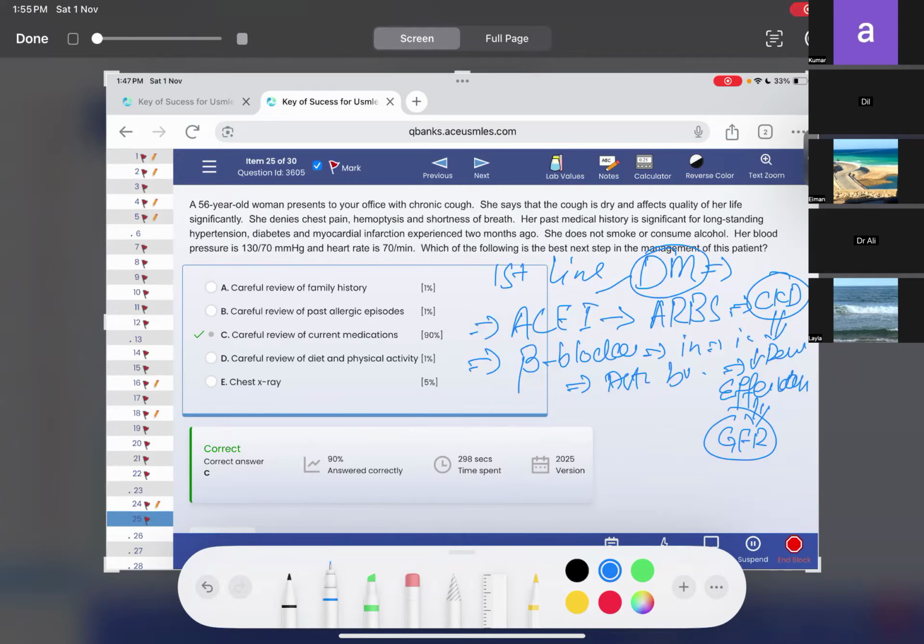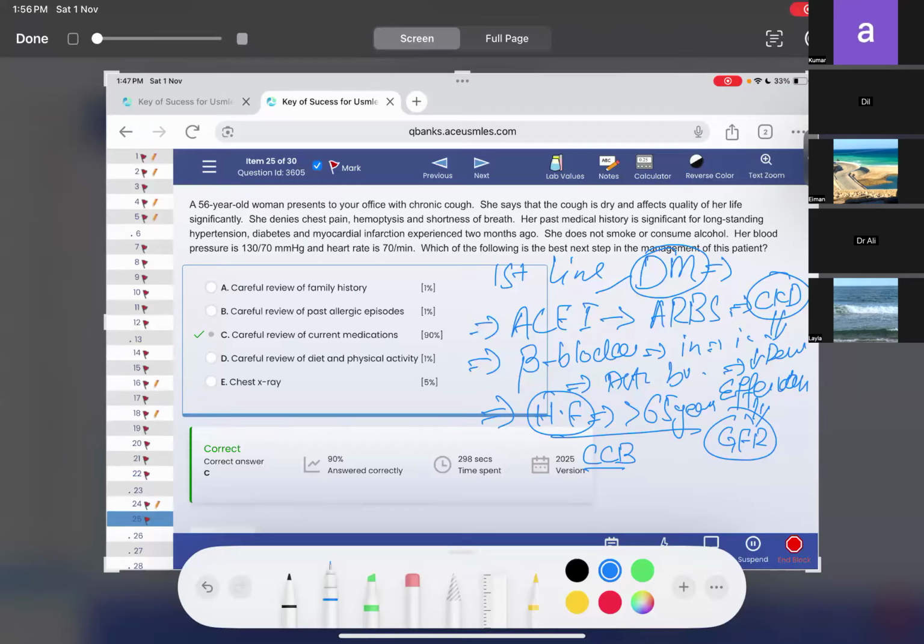Any other conditions like this that would help us navigate what to give? In individuals older than 65 years, we usually go with calcium channel blockers.